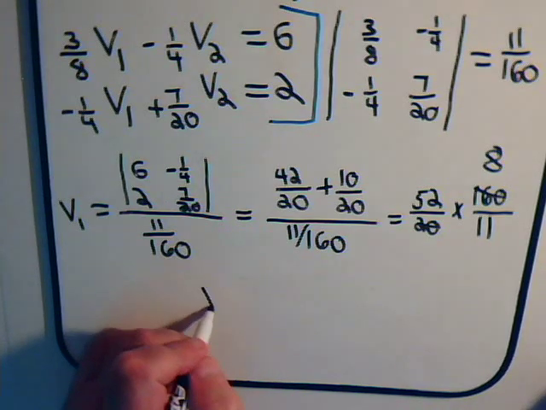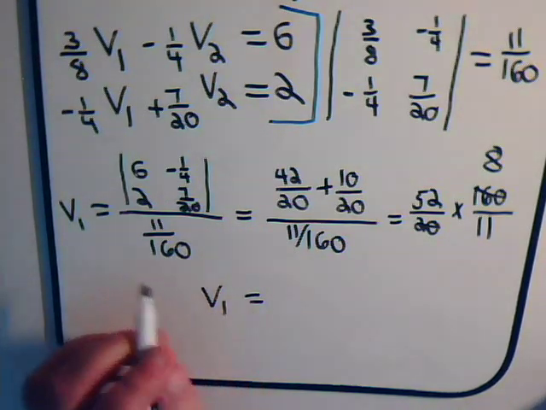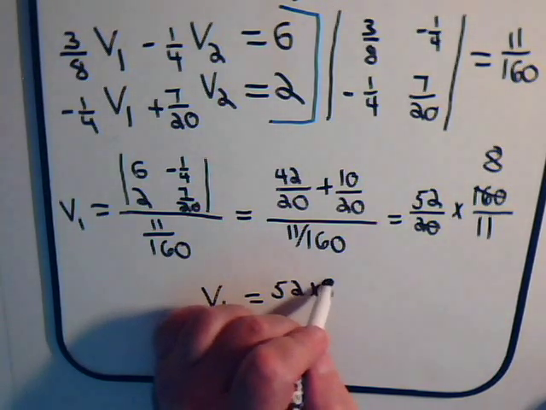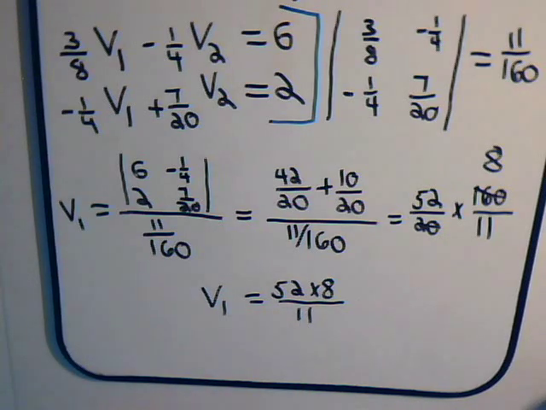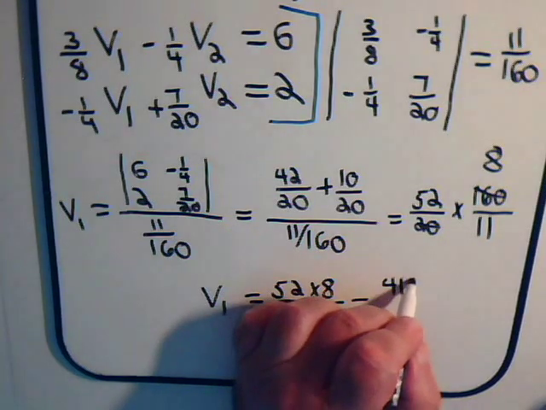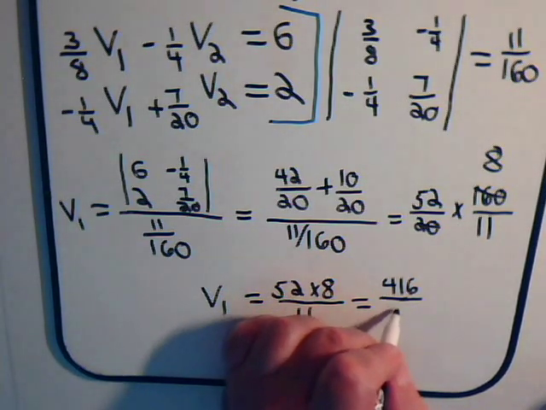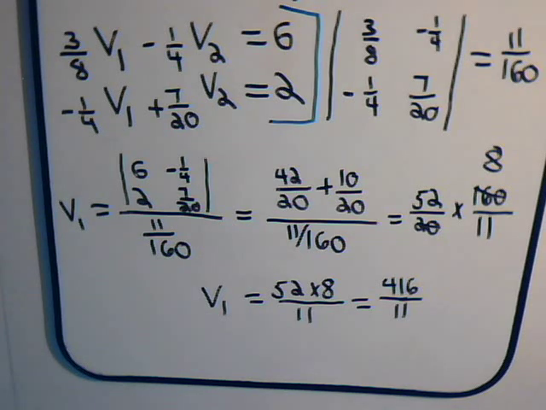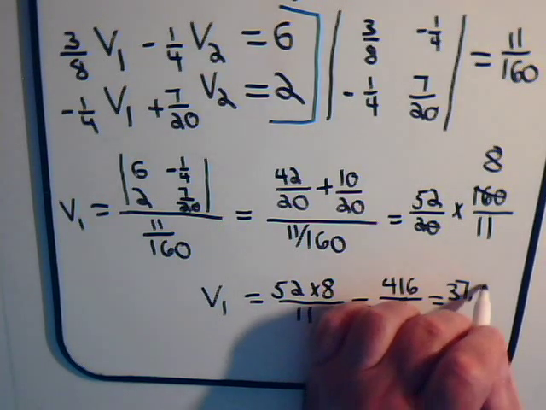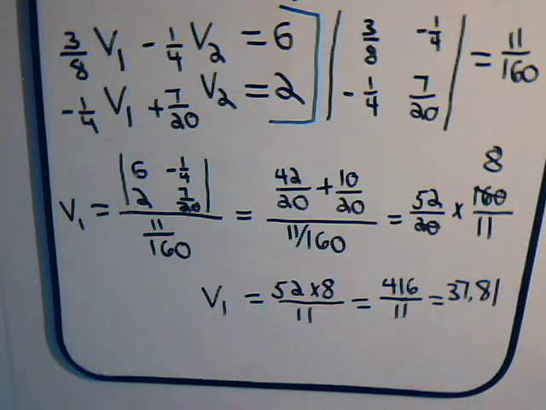So V1 is equal to 52 times 8 divided by 11, that is 416 divided by 11, and going to the calculator, that's 37.8, rounded off, 37.81. So we have determined what V1 is.